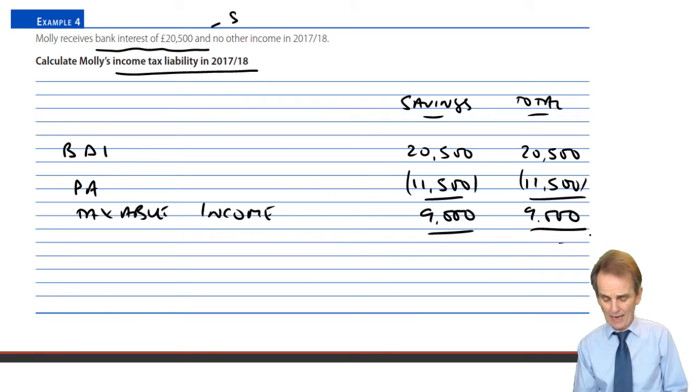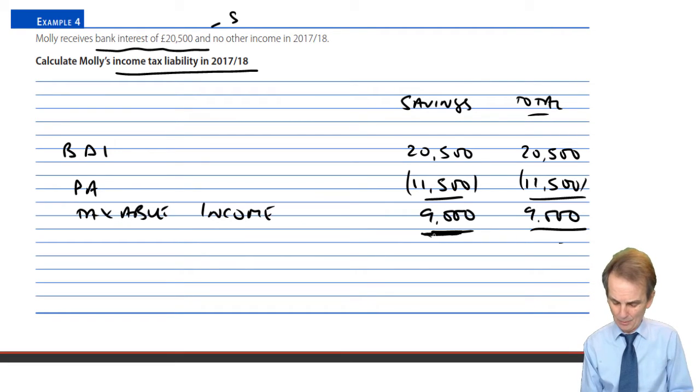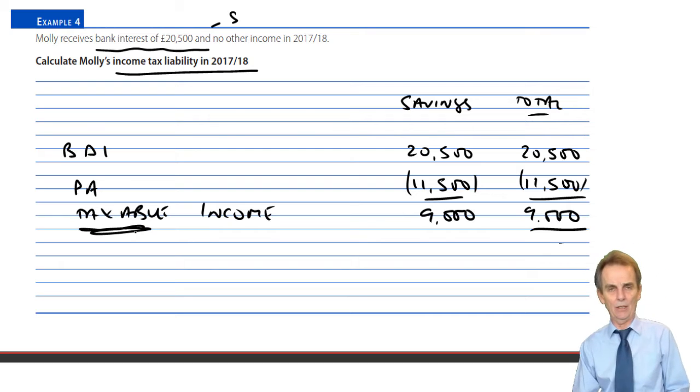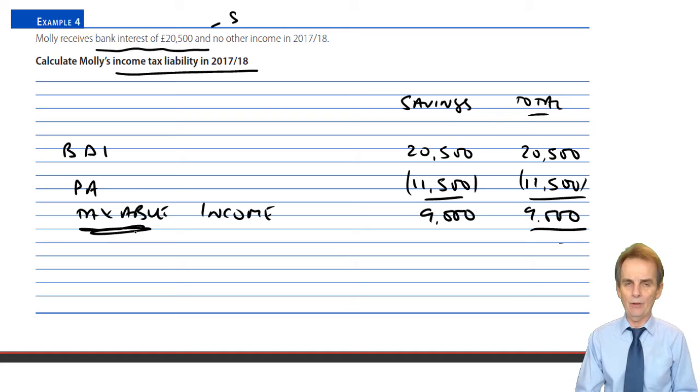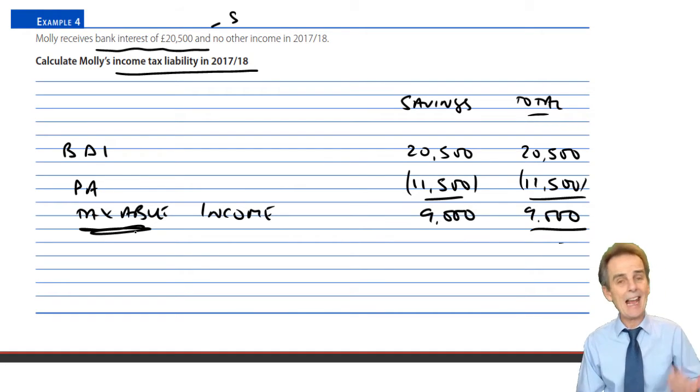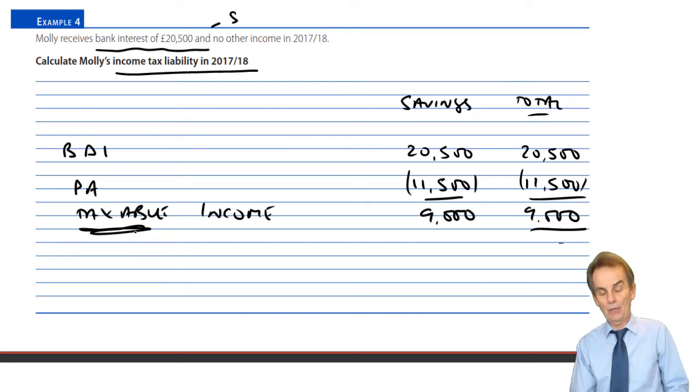And the significance of that was for the taxation of our savings income, because it meant that there was no 0% starting rate band applicable. We only get the benefit of that 0% starting rate band for savings income if any part of our taxable savings income, that's after the personal allowance, falls within the first £5,000 of the overall taxable income.